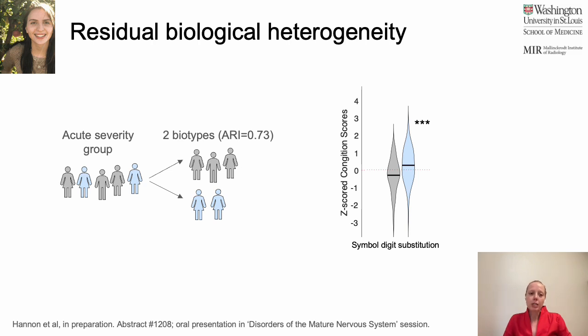And so it was interesting to see within this acute severity group that there was a significant difference in digit symbol substitution performance, which is a measure of cognition. And that might be related to some hypotheses about depression in late life being a prodrome of Alzheimer's disease. But again, this is very preliminary work, and we're excited to delve deeper into this and tell you more about this in the future, hopefully.